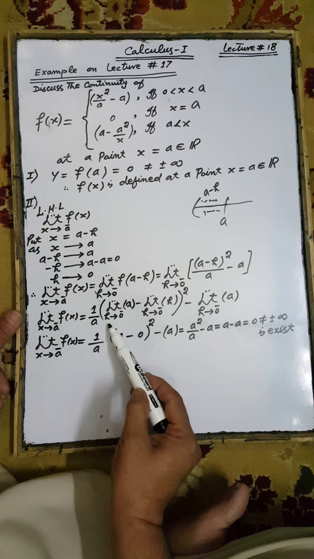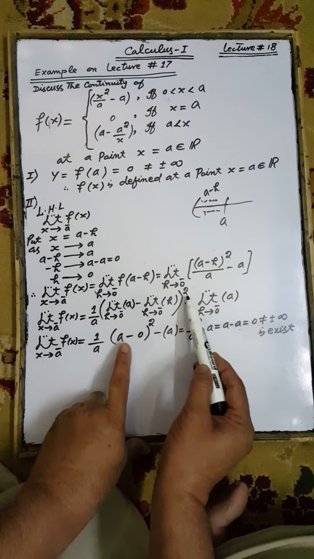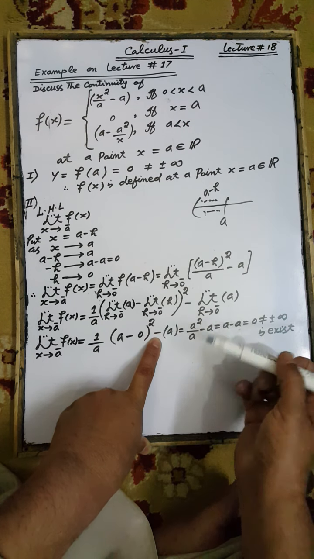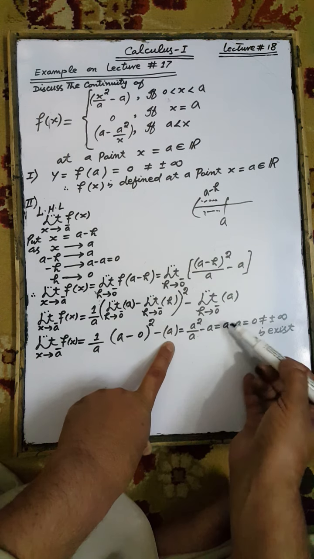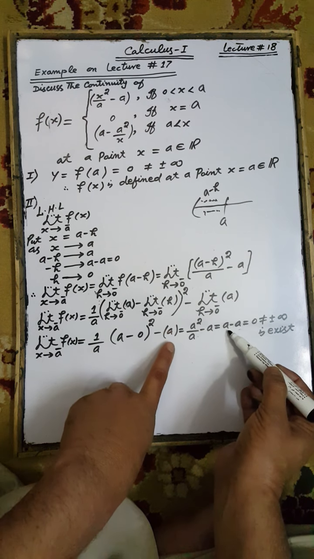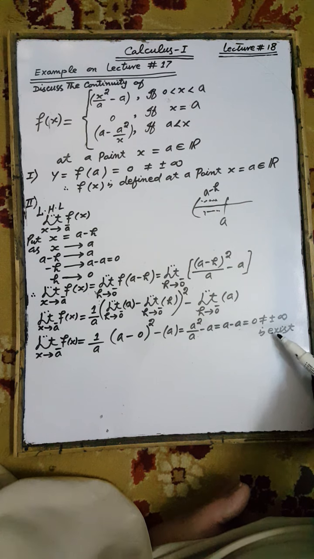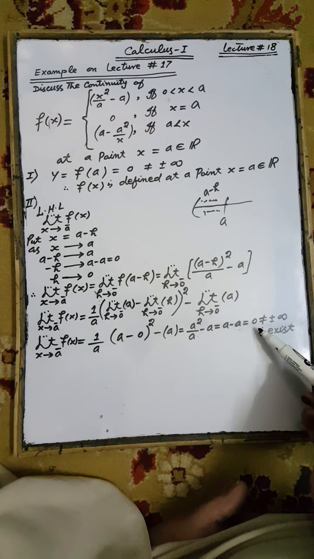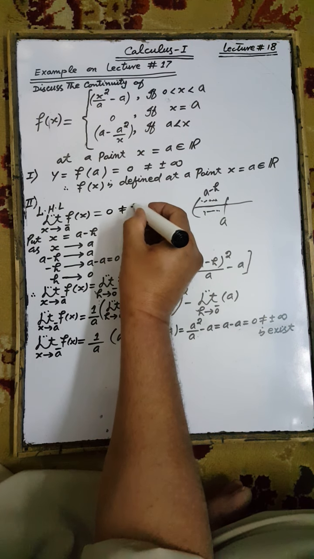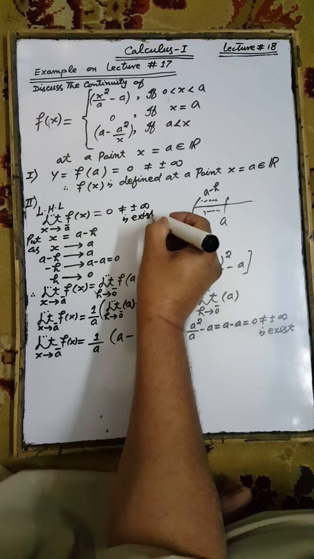The limit of a when h tends to 0 is equal to a, and limit h tends to 0 of h is equal to 0, whole square, minus the limit of a, which is equal to a square divided by a minus a, which is equal to a minus a is equal to 0. That is, the left hand limit of the function at the point a exists and is equal to 0, which is not equal to plus or minus infinity.